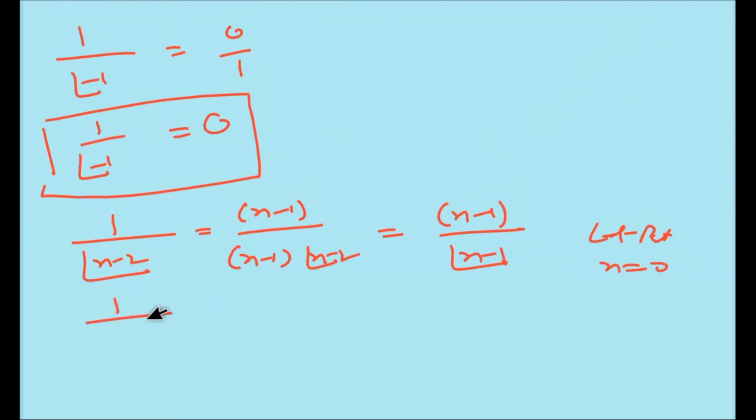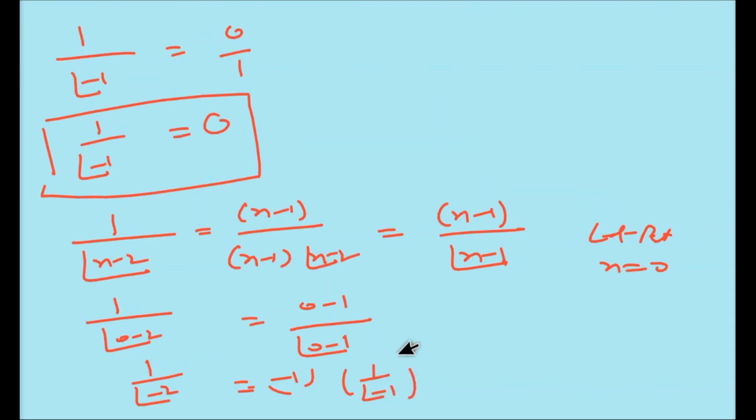Then we get 1 upon factorial 0 minus 2 equals 0 minus 1 times 1 upon factorial 0 minus 1. That is, 1 upon factorial minus 2 equals minus 1 into 1 upon factorial minus 1, and we already know this is 0, so minus 1 into 0 equals 0.